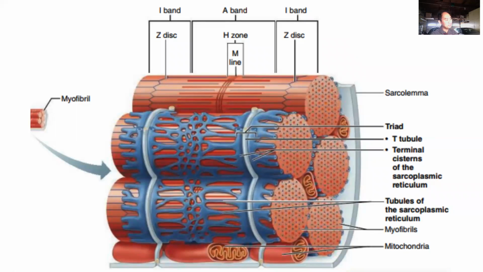And the sarcoplasmic reticulum and T-tubule together form a triad. So two sarcoplasmic reticulums on either side, and in the center there is a T-tubule, which is invaginating in between all the myofibrils. And then on top of that, the sarcolemma wraps around all these structures. On top of that, there will be endoplasmic reticulum.